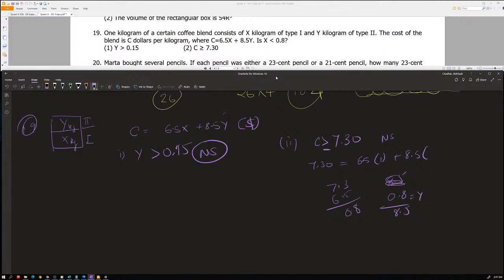This would be equal to y in that case, right? So this is one solution where I get some value of y. The cost is 7.30, and I get some value of y. Basically, with this y index, I get 7.30.